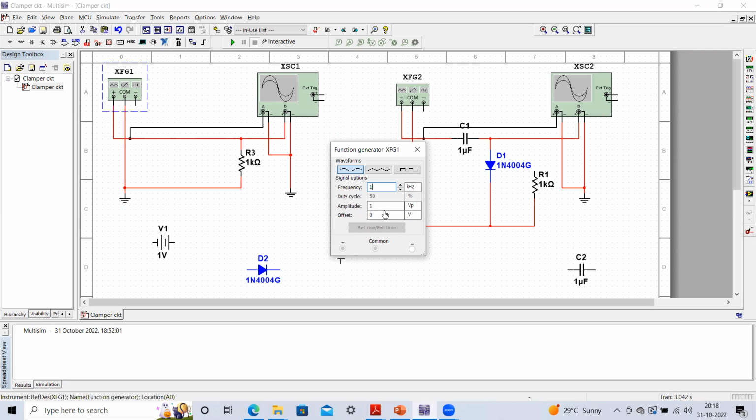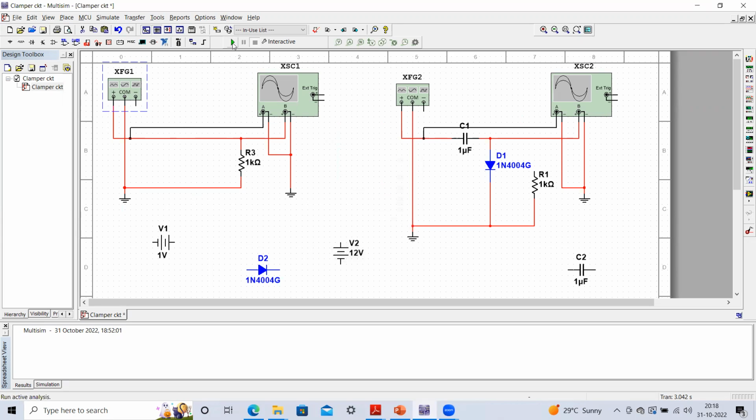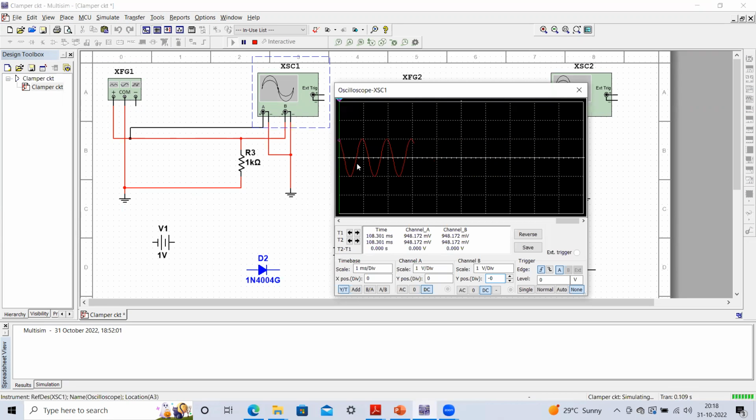You will see a red colored output and a white colored signal. This is our input and this is our output across this resistor. Both are the voltage across the 1 kilo ohm resistor, and therefore both signals are overlapping and we are not able to see both.